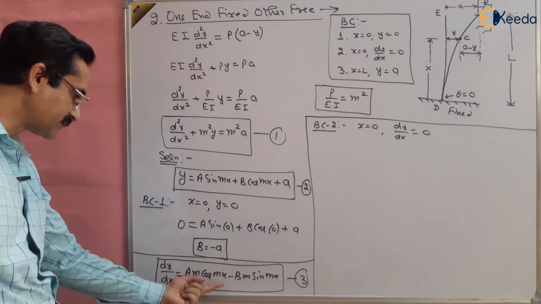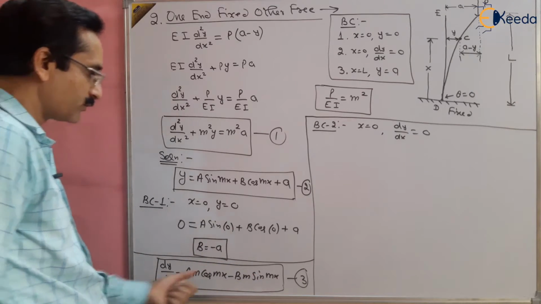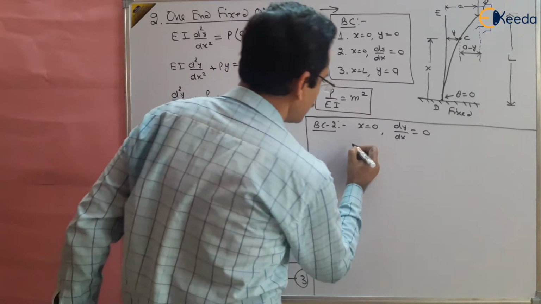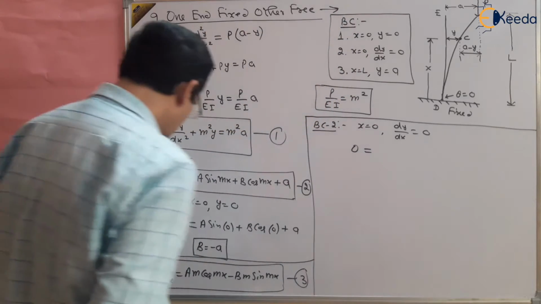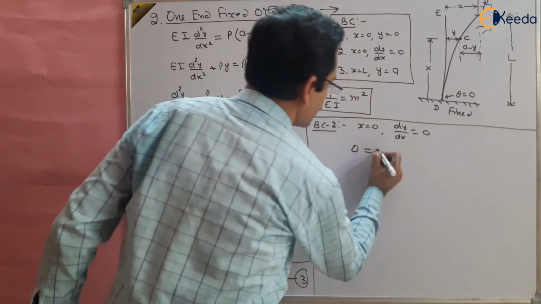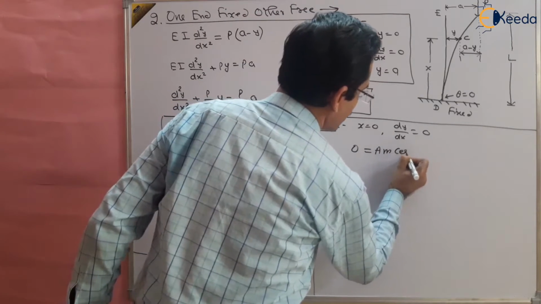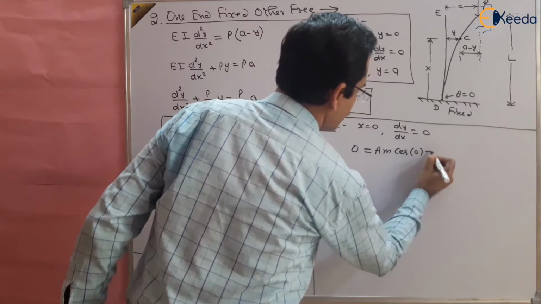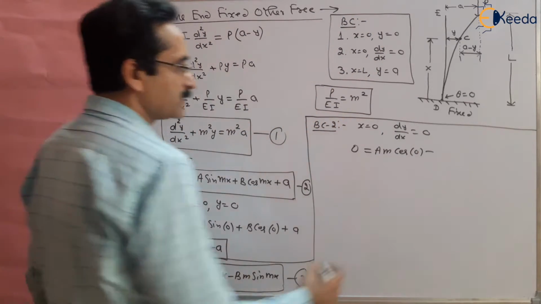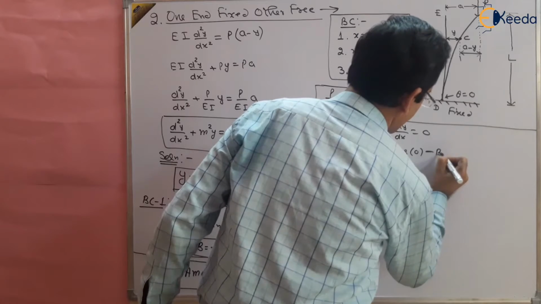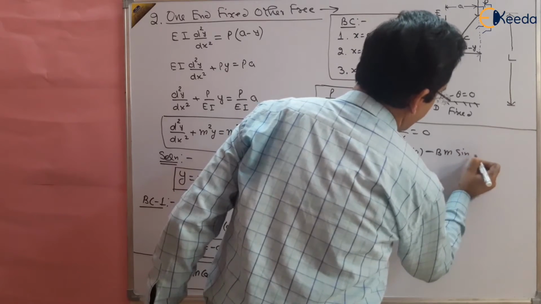Use it in this condition, that x is equal to 0, dy by dx is equal to 0. Put x equal to 0 and dy by dx equal to 0. What you are getting is 0 will be equal to am cos 0 minus bm sin 0.